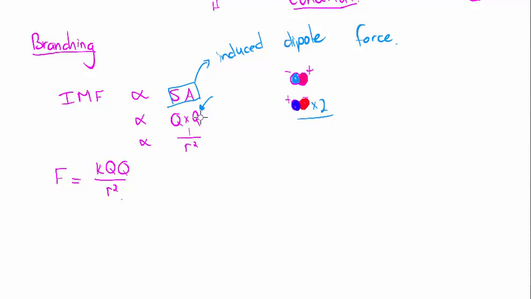Does that make sense? Now, the other thing that affects it is the distance between the charges. In our case, if I mean charge, I'm talking about a molecule. So what is the distance between the molecules that will affect the forces that exist between the molecules?